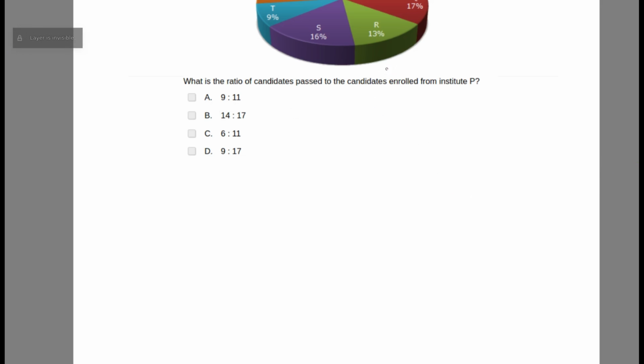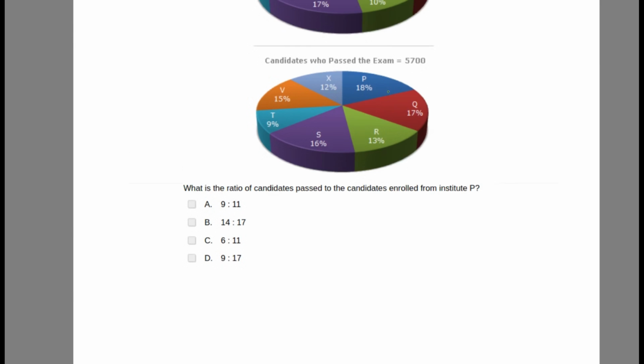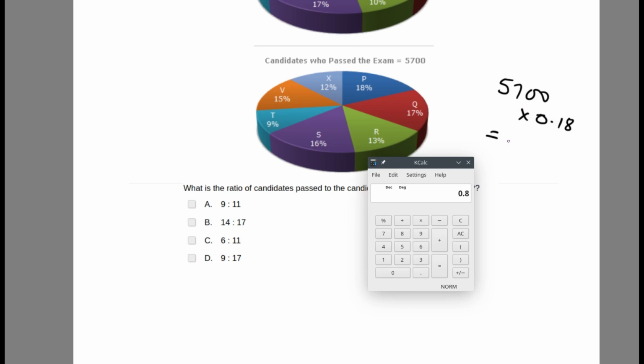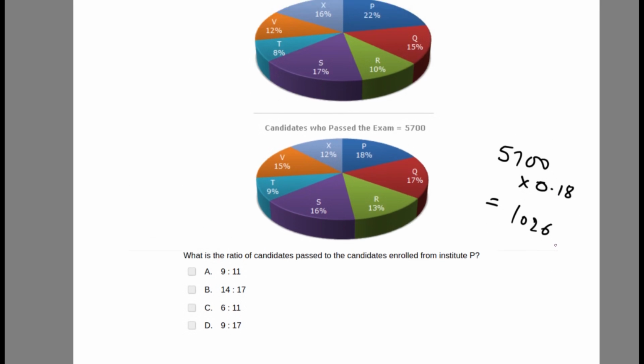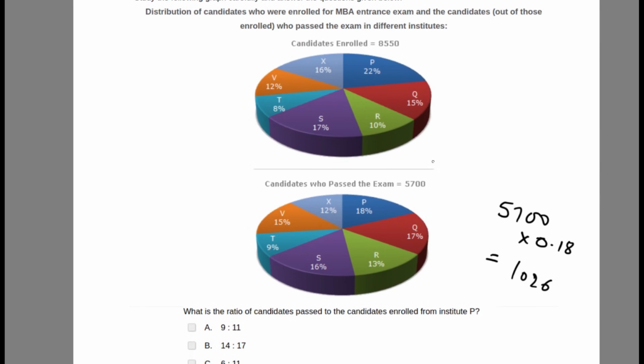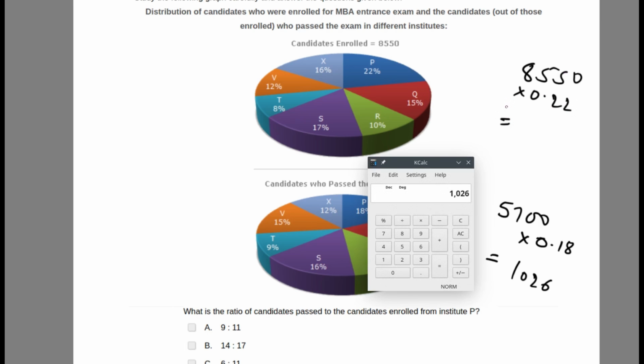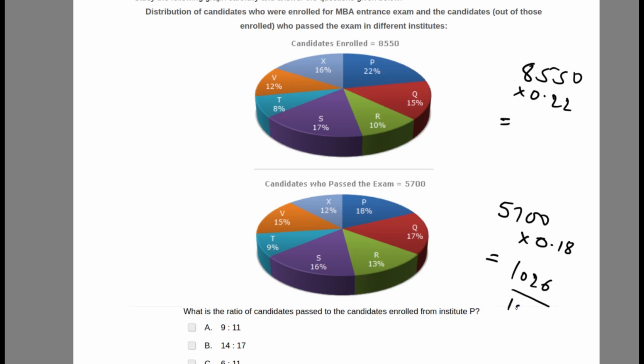So we have to find the candidates who passed the exam in P, which is 5700 into 0.18, which is 1026, and then the candidates enrolled, 8550 into 0.22, which is 1881.